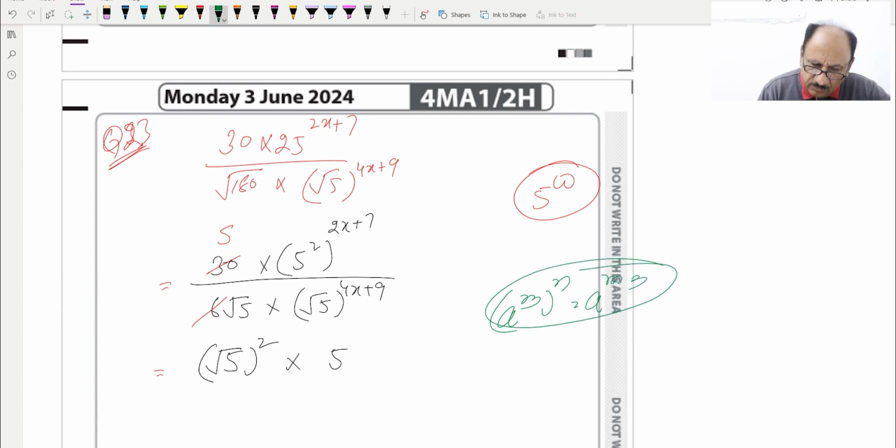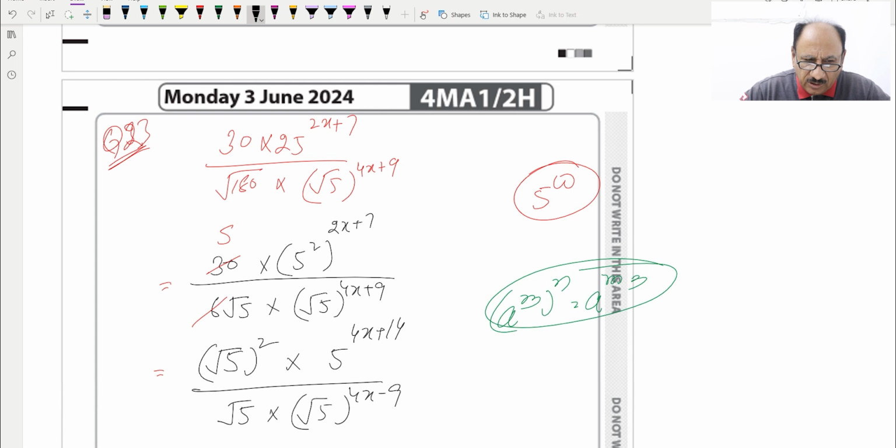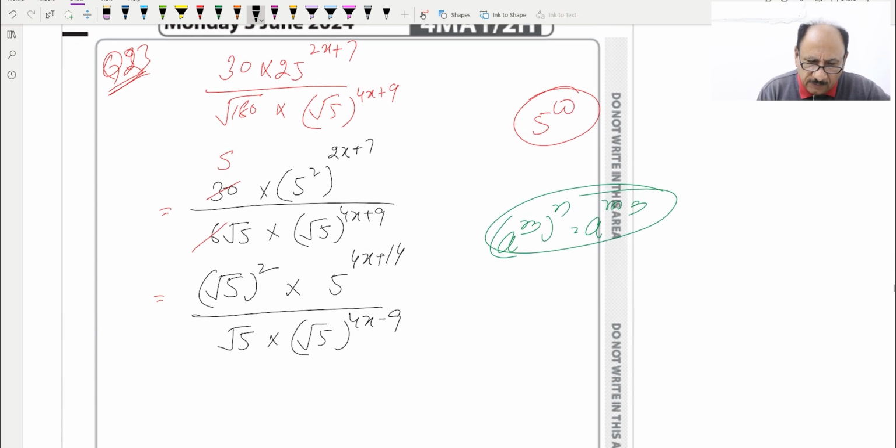This is the rule which we will be applying. So it will be 5 raised to the power 2 into 2, 4x plus 14, and divided by under root 5 and into under root 5 raised to the power 4x plus 9, and further we can cancel. What we can cancel? This one and this one we can cancel.